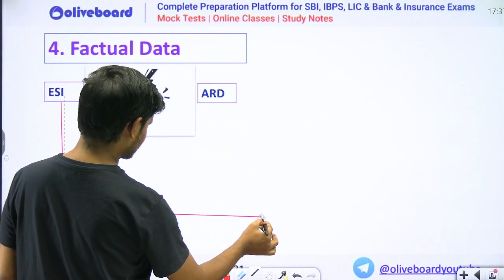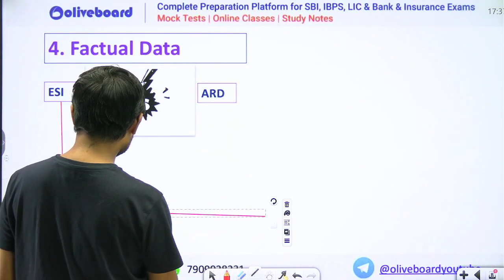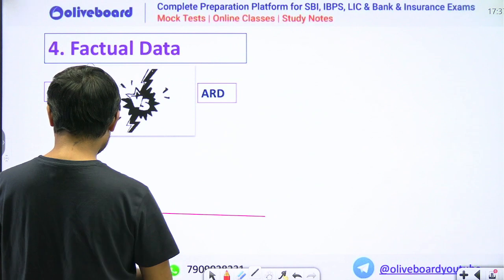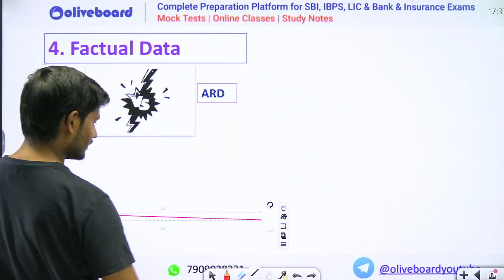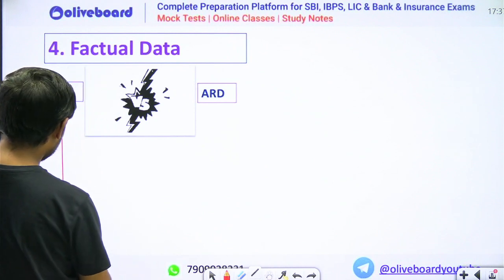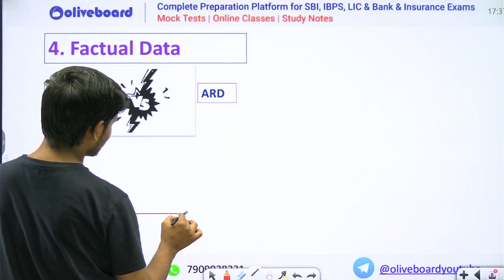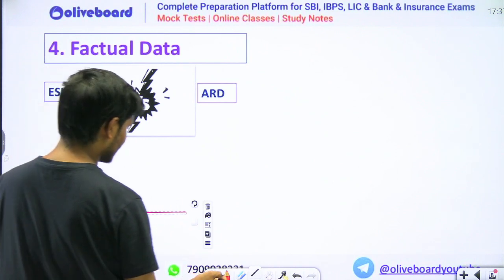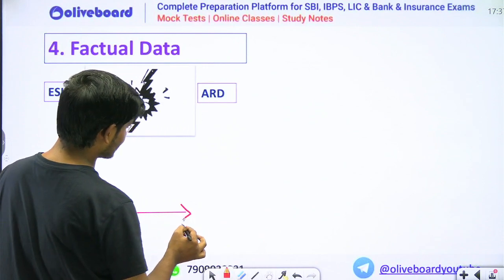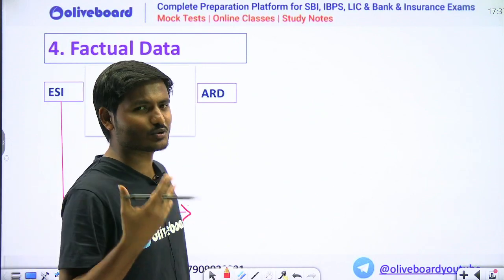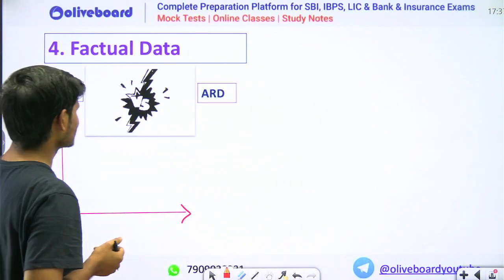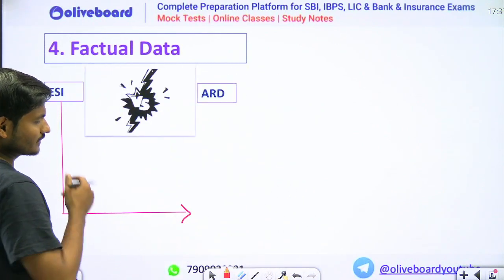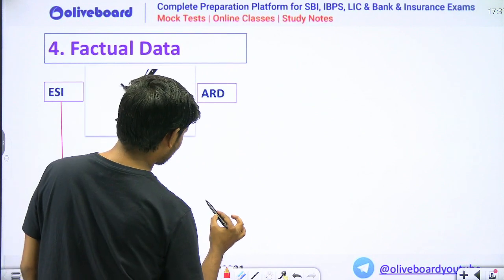When we talk about ESI, we need to go deep down and learn the current affairs. But what should we learn inside the current affairs? That is also very important: what is the most important thing inside current affairs for the NABARD examination. So students, just try to learn the current affairs which have government schemes.